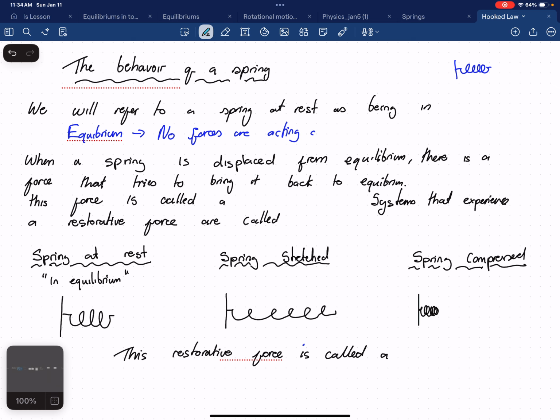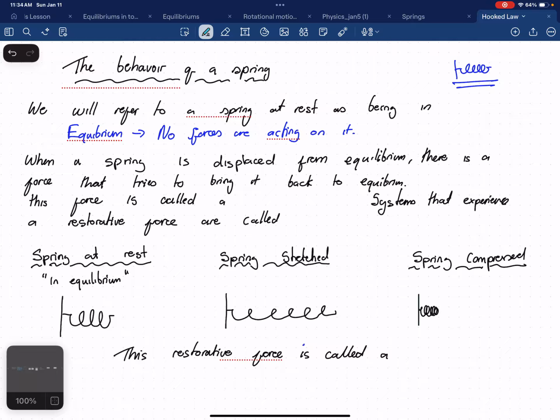So the spring is just alone, at rest, with no forces acting on it.